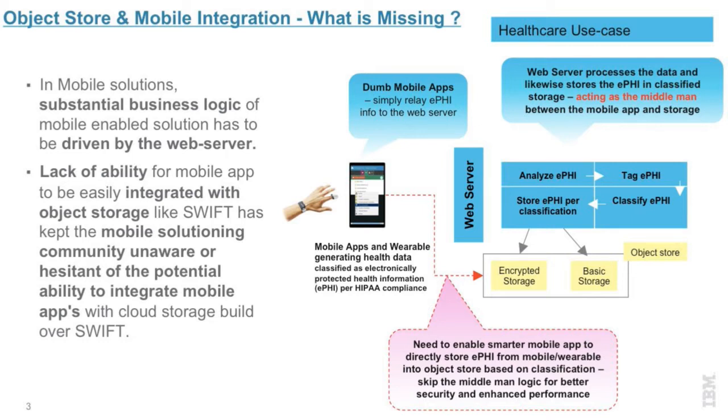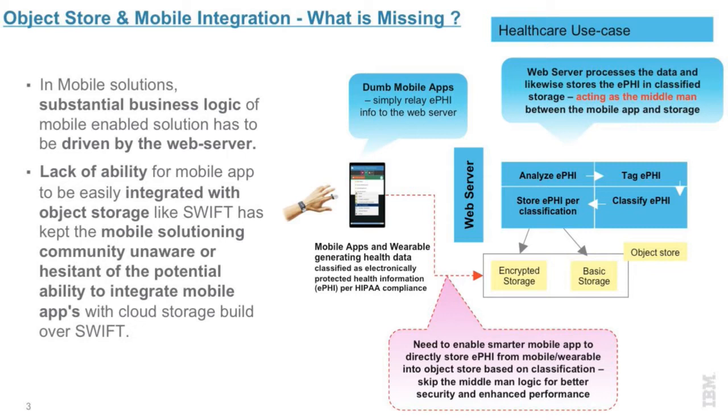What is the problem with this? If anyone is from the US, there is something like HIPAA compliance for electronically protected health information. You cannot send user health information and store it in third-party boxes. That is not compliant with the law.